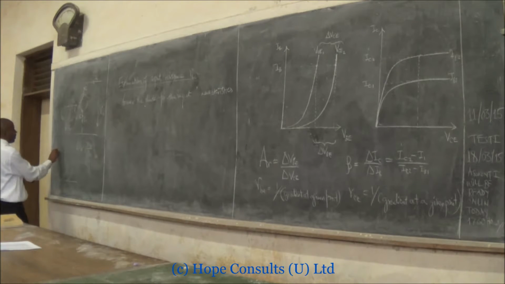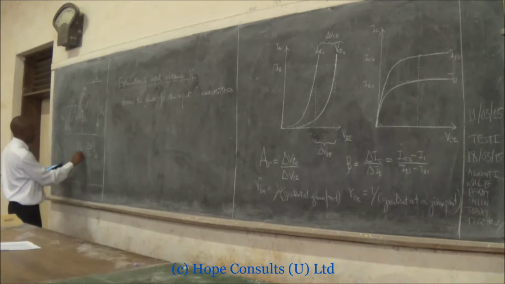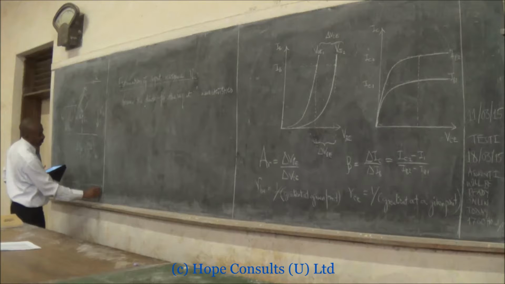So this is our input, IB, VBE, the output ones IC, VCE.